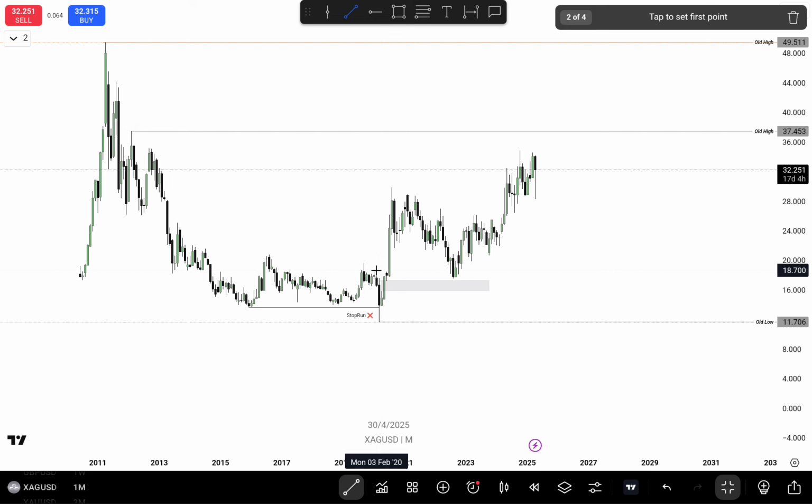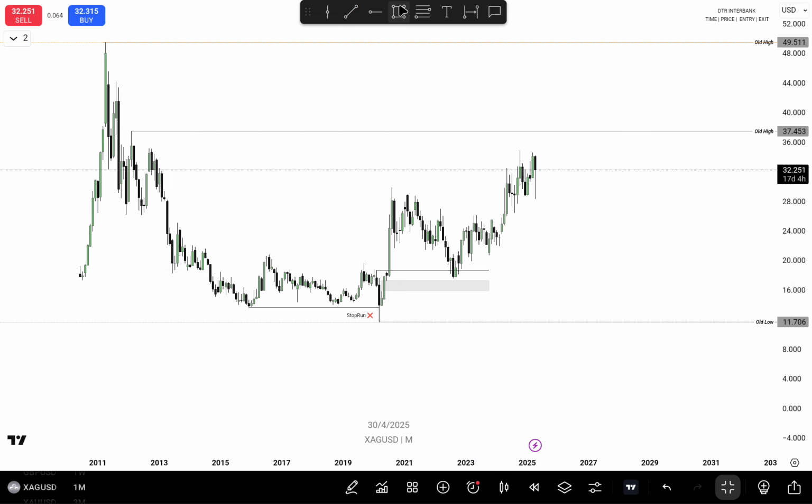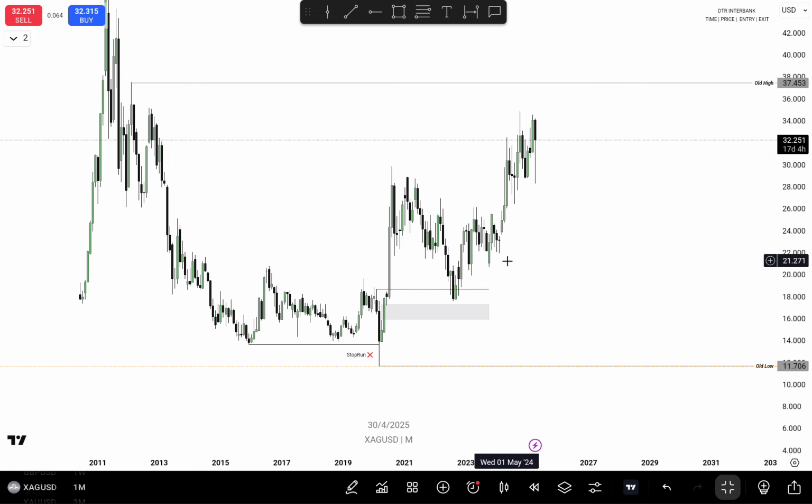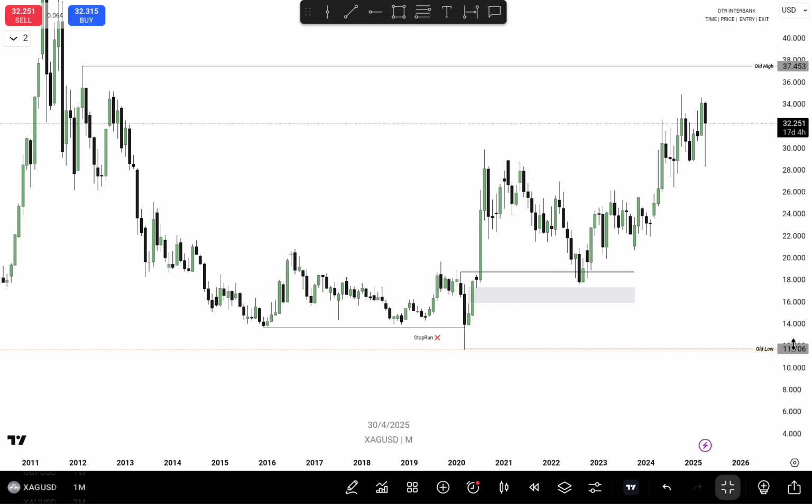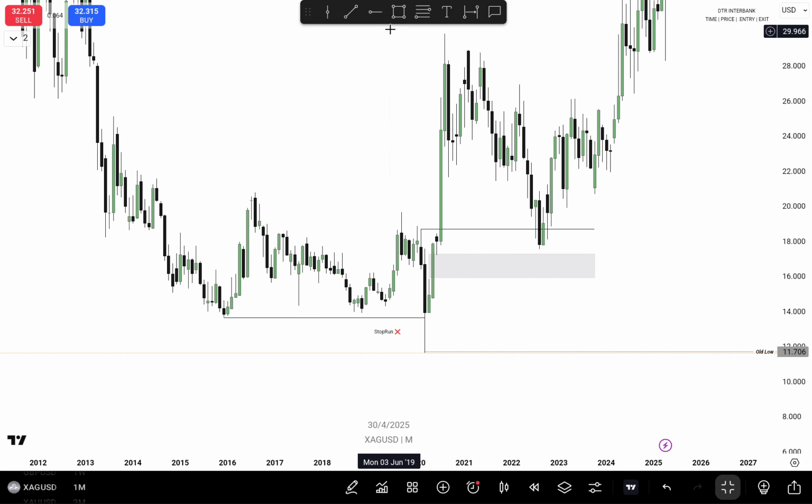There's an order block, and then they tap into the week. So anything from the week to the opening price, that's a valid order block right there.